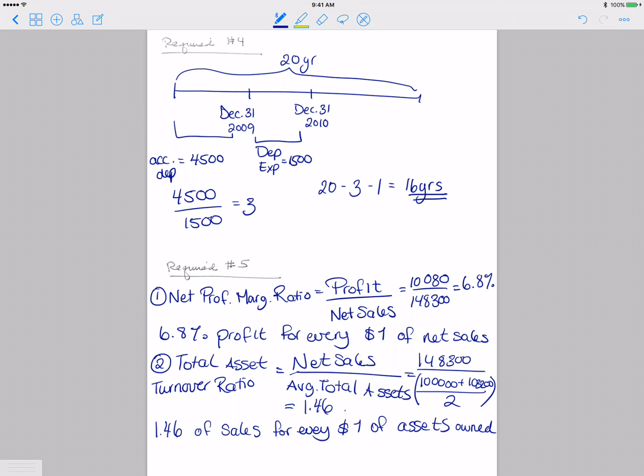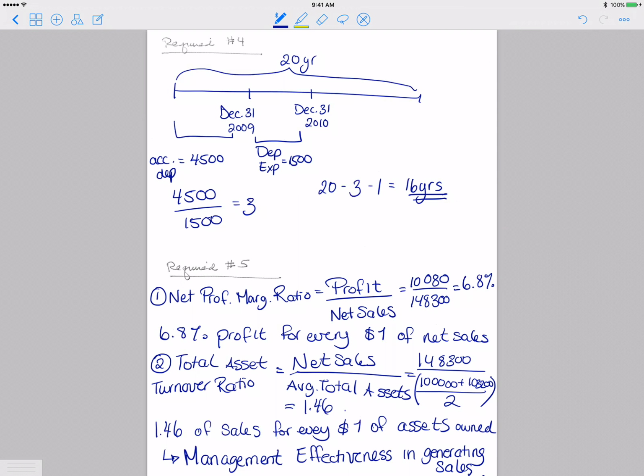So for every dollar of asset that we own, we're able to make $1.46 in sales. This helps us see how efficient our management is at using our assets to generate sales and therefore profits. So this gives us our management effectiveness in generating sales.